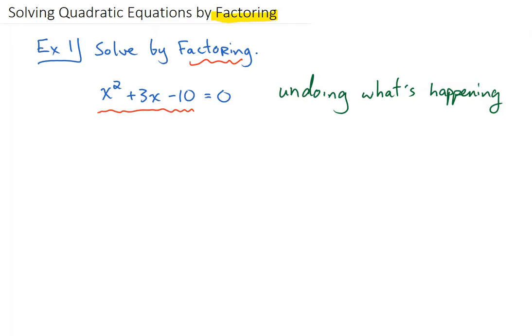So we're going to undo that multiplication by factoring. If I factor what I have there on the left, it's going to be x plus 5 quantity times x minus 2 quantity. Now, we want to make sure that we keep this as an equation. Sometimes we get too focused on the factoring and we turn these equations into just factoring problems and lose the essence of the problem. So it's an equation, so we copy down that equals 0.